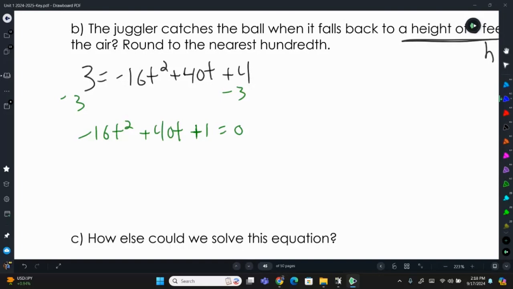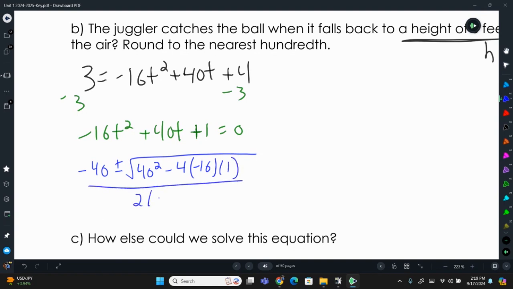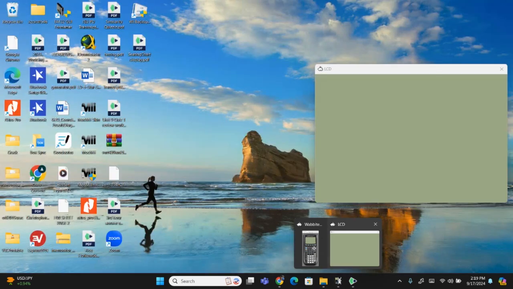Okay, now we can use the quadratic formula. We have negative b, so negative 40, plus or minus the square root of b squared, which is 40 squared, minus 4 times a, which is negative 16, times 1, all over 2 times negative 16. So we type that discriminant into the calculator.